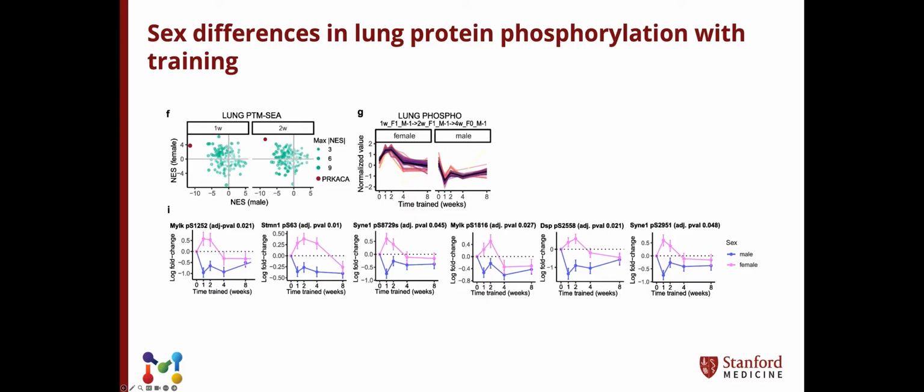So a lot of these proteins are involved in cellular structures, like cytoskeleton, cell-cell junctions. So this suggests a sex-dependent role of protein kinase A in mediating changes in lung structure or mechanical function with training.